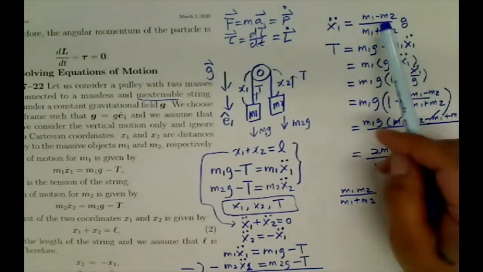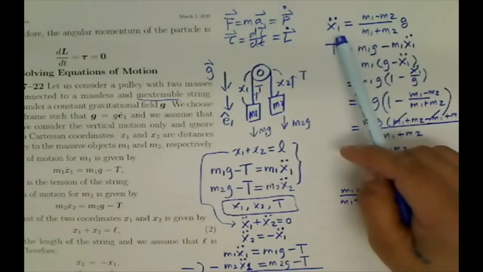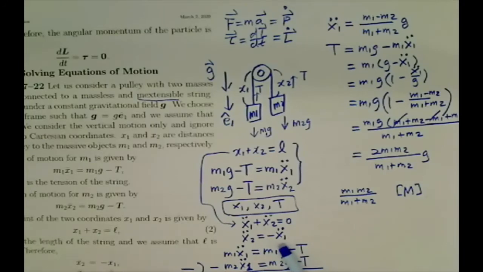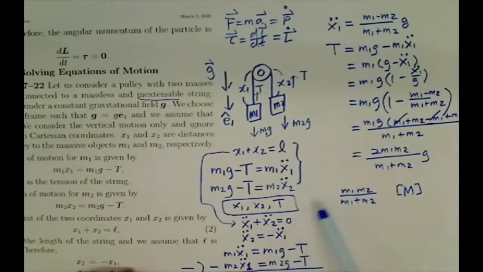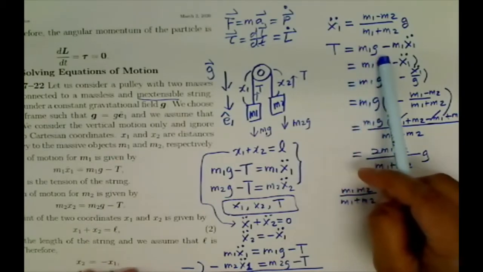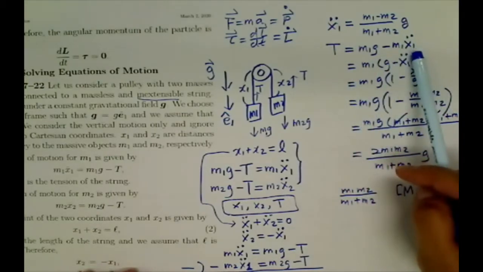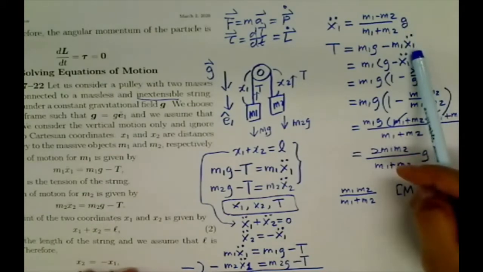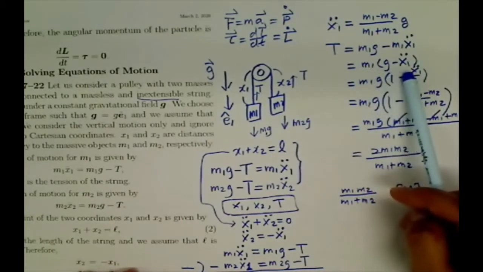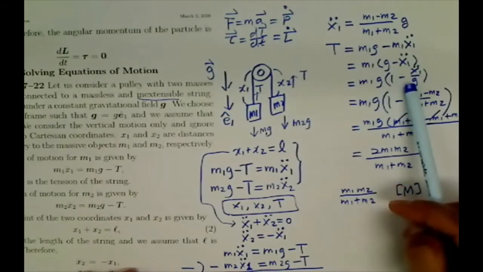We can substitute x1 double dot in this or that expression. x2 double dot is minus x1 double dot. We can determine the tension. If I substitute x1 double dot in here, m1 is factored out, and g minus x1 double dot.